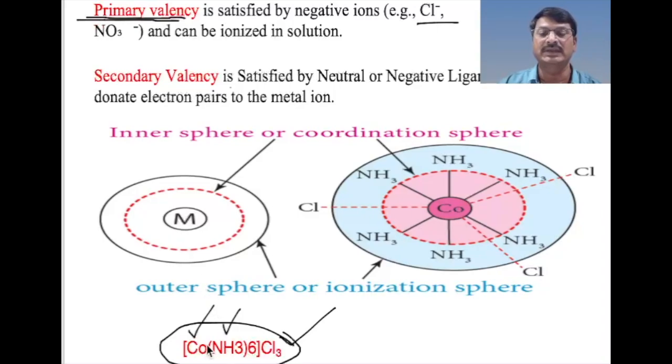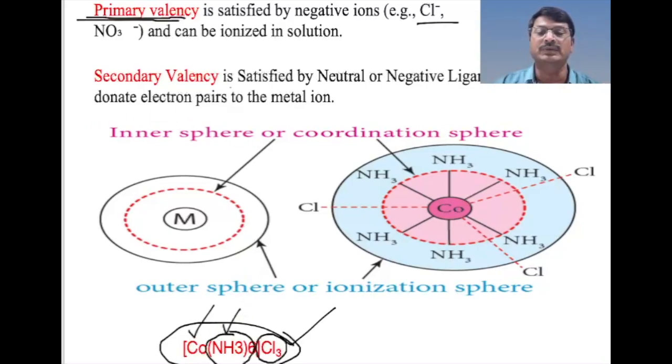In this example, the primary valency is satisfied with 3 Cl minus ions and the secondary valency is satisfied with 6 ammonia molecules.